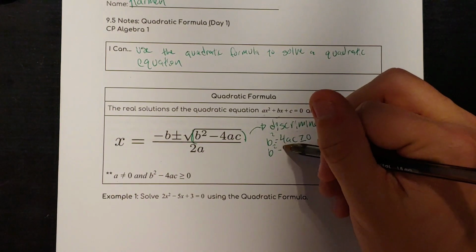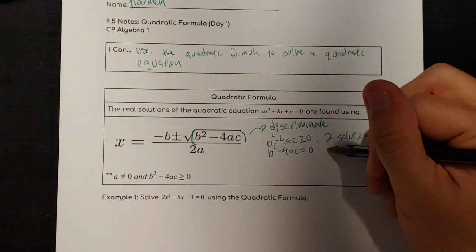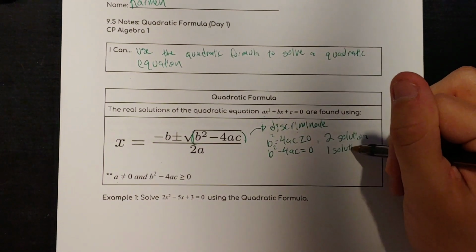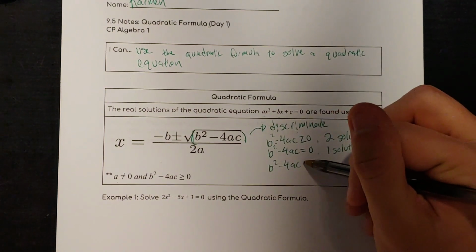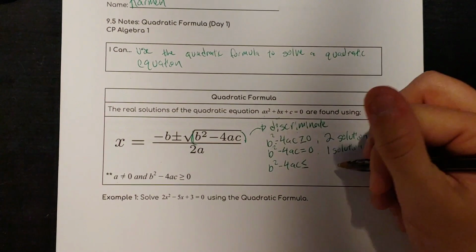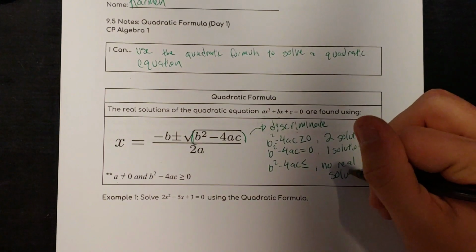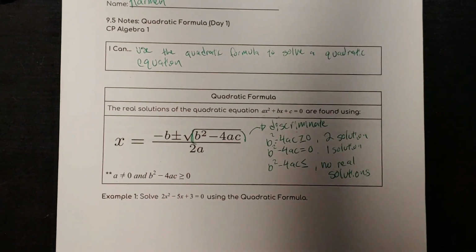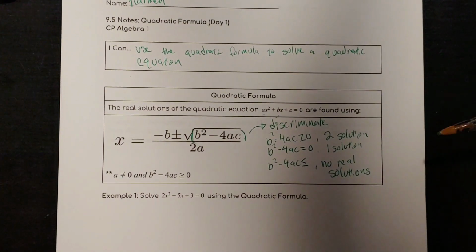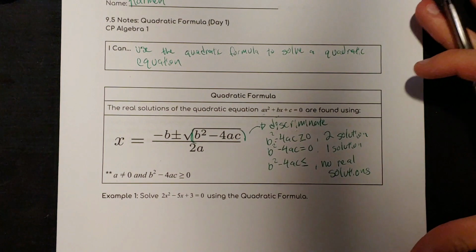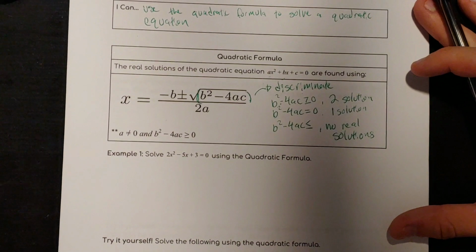If b squared minus 4ac equals 0, we have one solution. And if b squared minus 4ac is less than 0, which means it's a negative number, no real solutions. We don't really need to worry about that, but I'm just giving you this little nugget of information for future use, so you can go into Algebra 2 or whatever, strutting your stuff and being smarter than everyone else already.